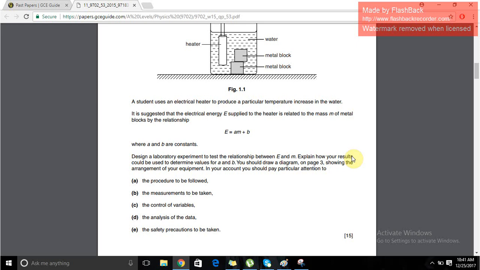And how do you know the value of the energy? This heater would have to be connected to a particular EMF supply. Alright.